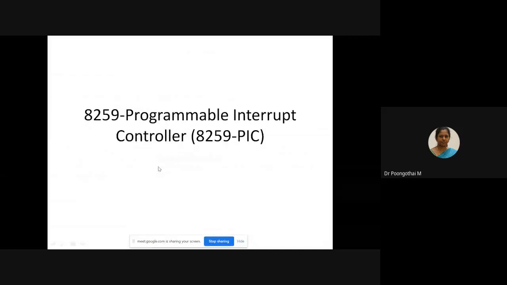This 8259A is specially designed to work with Intel microprocessors 8080, 8085, 8086 and 8088. So not with your 8051 microcontroller. To understand interrupt handling capability, this topic has been included in your syllabus.